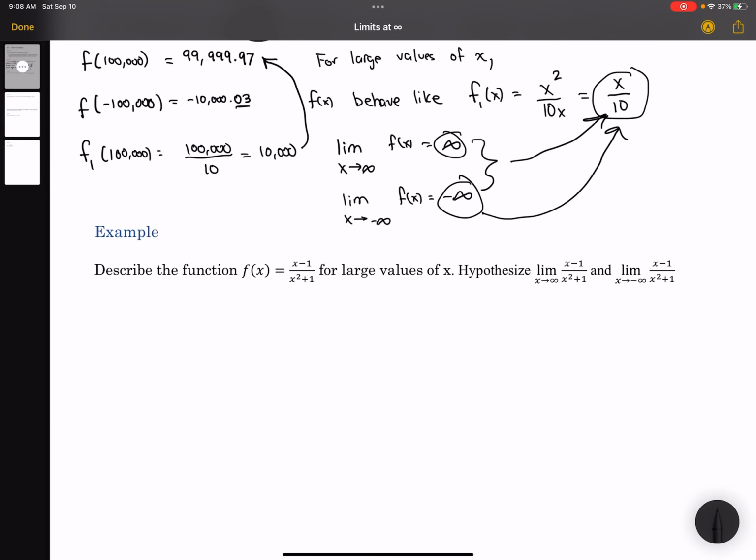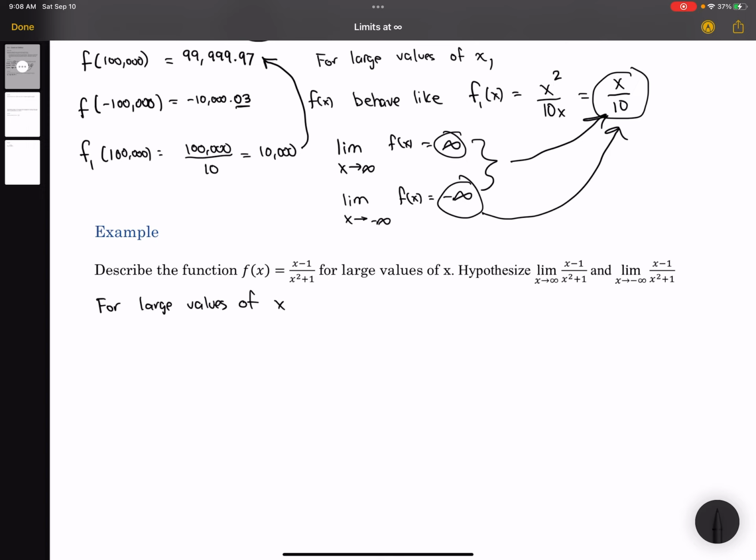So if we had to describe this, it's going to be similar to what we had for the last function. For large values of x, again, the term of highest degree is going to be the only one that matters.